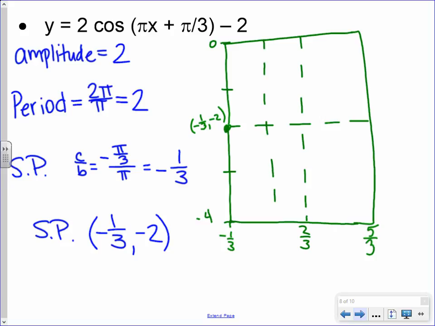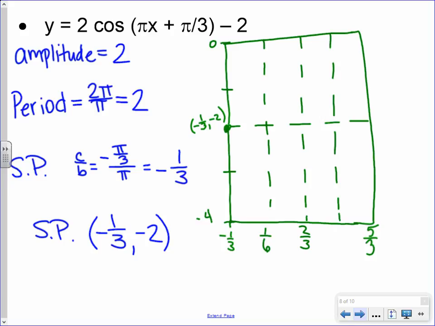Halfway between negative 1/3 and 2/3: negative 1/3 plus 2/3 is 1/3. Cut that in half for 1/6.